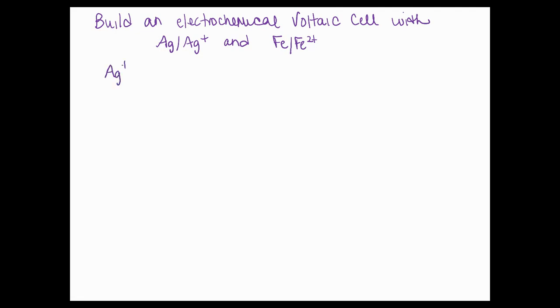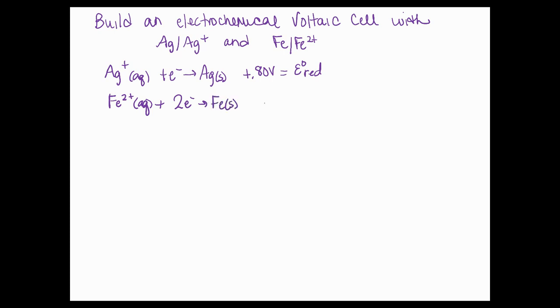Silver, these are both going to be reductions because they're from the reduction potential chart. That 8 looks weird. Okay, then the iron. That is negative 0.44 volts.